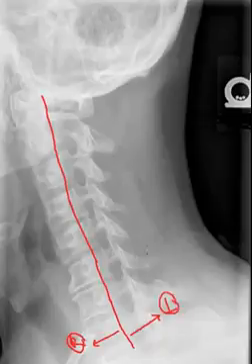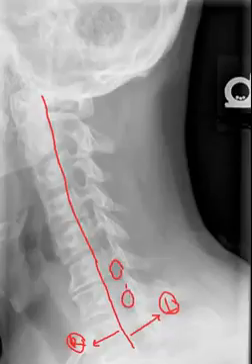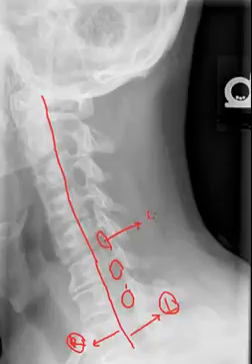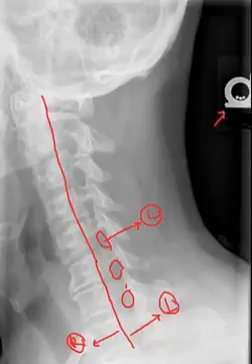This will help us tremendously. For example, here are the intervertebral foramen, these nice lucent holes that you are visualizing along the posterior most aspect of the spine. Notice that these intervertebral foramen are located on the left side of the patient as indicated by the radiographic marker here. Therefore, these are left-sided IVFs.